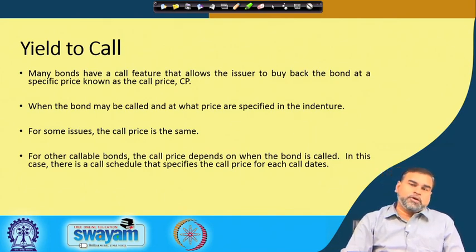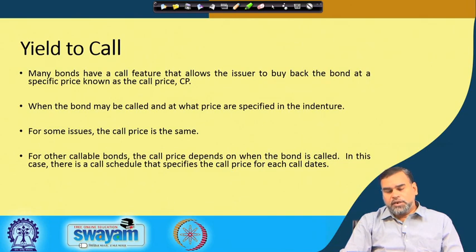Whenever the bond is called back, the issuer has fixed a price from the beginning. That price can be 1100, 1050 or 1200. The issuer will pay that price to the bondholder and buy back that particular bond from the bondholder.